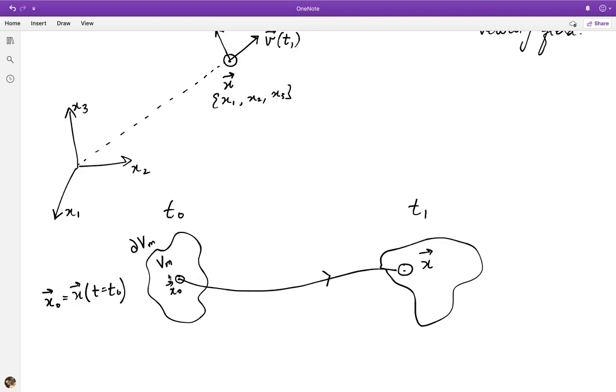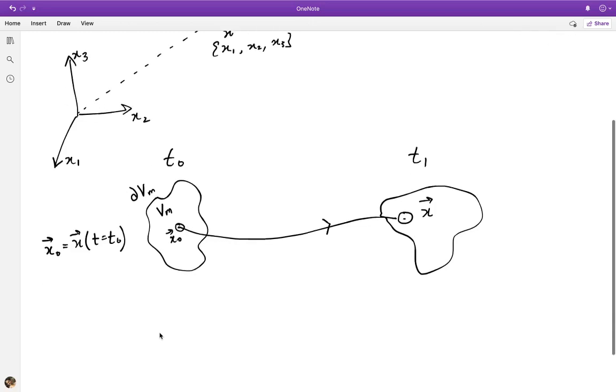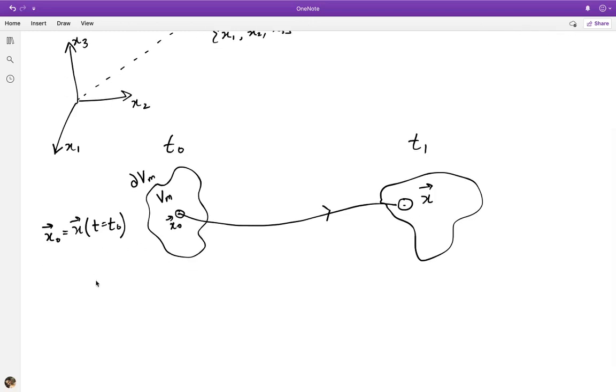And the idea is we are now focusing on tracking this material point, or the material volume that contains all these material points. So now what we really have is a time-dependent transformation that gives us the current spatial position of a point labeled by x0 as a function of time.